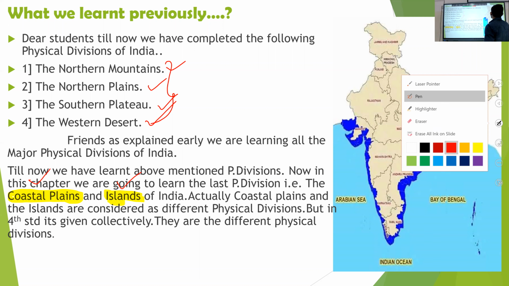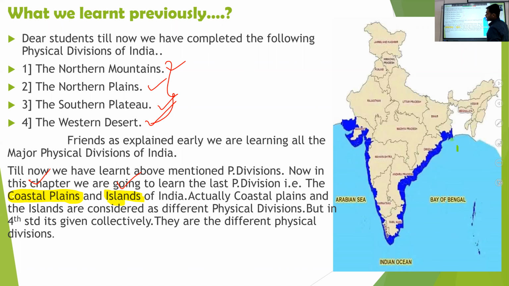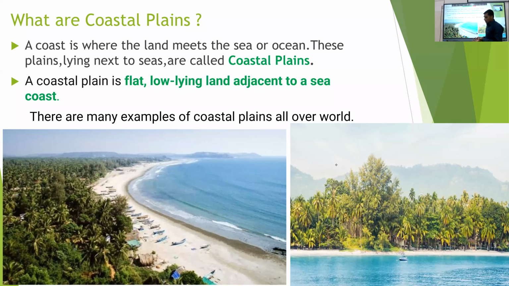We are going to see the coastal plains of our India. Which are the coastal plains? But before that, let's see what is the correct meaning of the coast, and also we need to see the meaning of the coastal plains. So let's see what is meant by a coast. You can see here on your screen, the definition is given. What is meant by a coast?